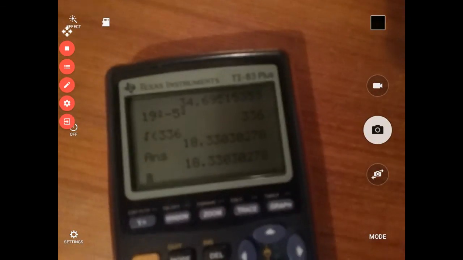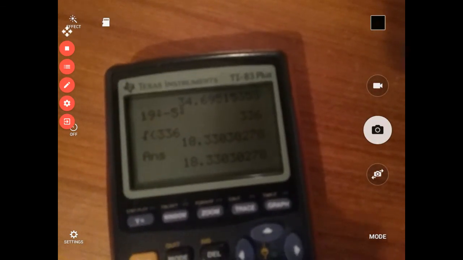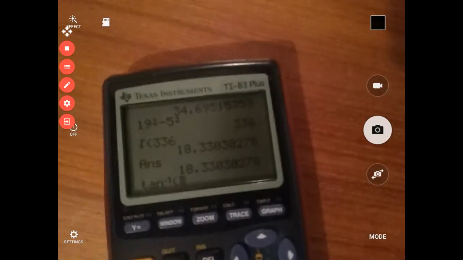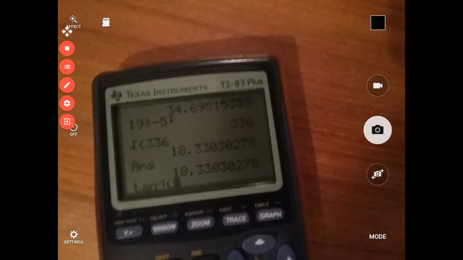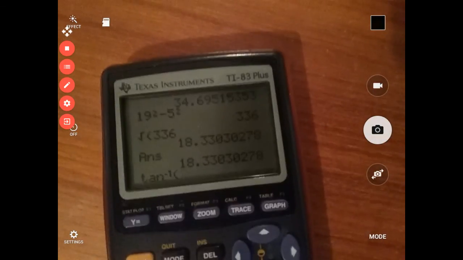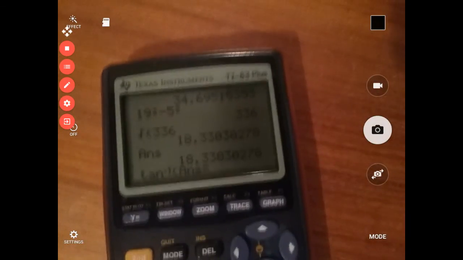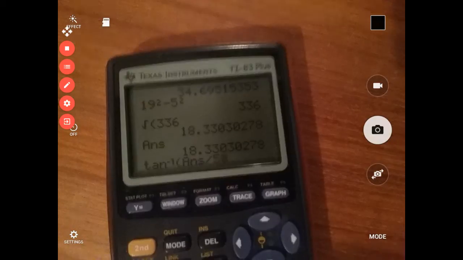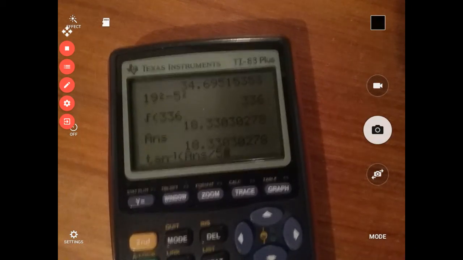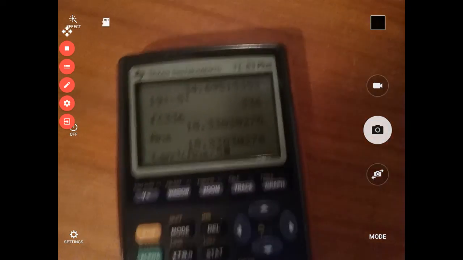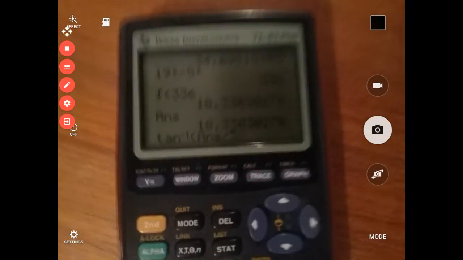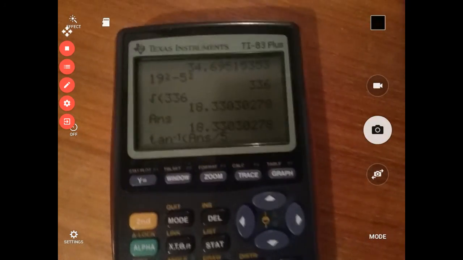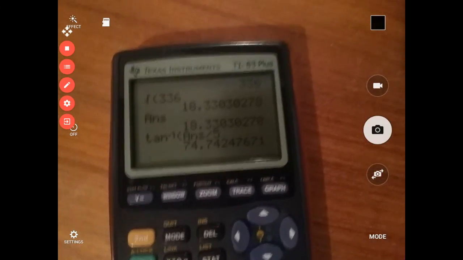Great. So how we can use that is we go tan negative 1, and we want that 18.33. So I'm going to go second answer. So that answer is 18.33 divided by 5. Now it's important for you to understand that 18.33 is only in the answer for one time, because as soon as I hit enter, oh, 74.74.